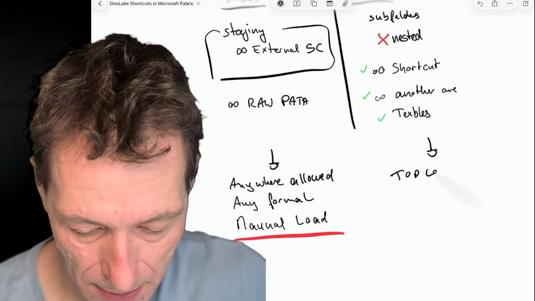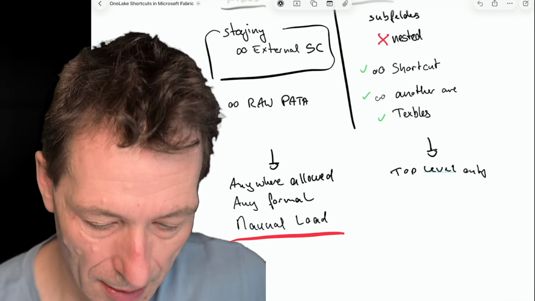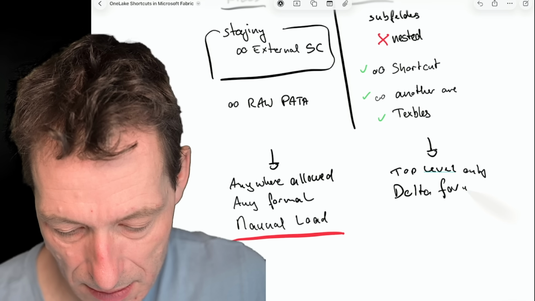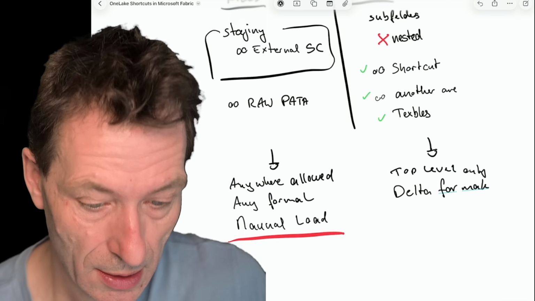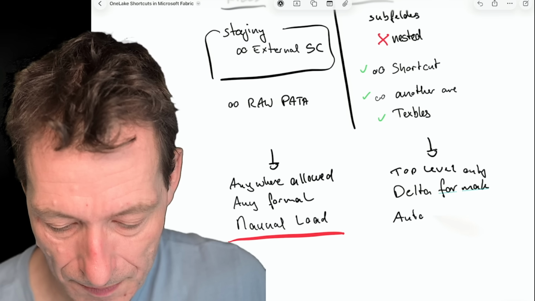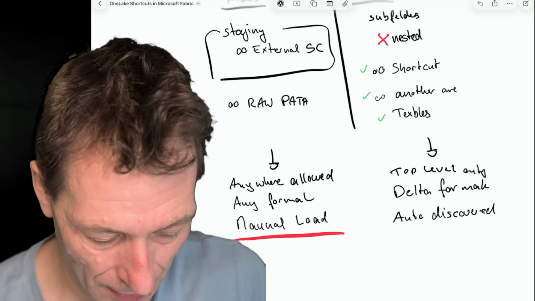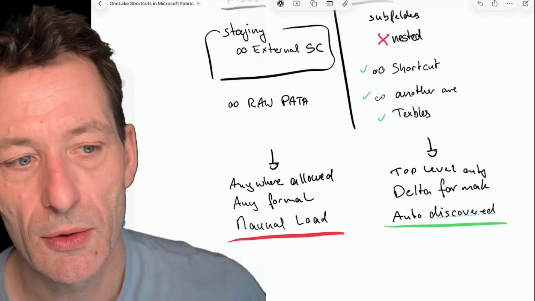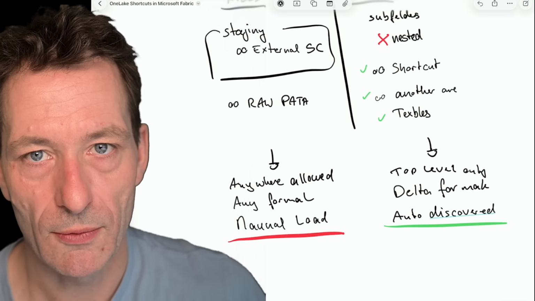Top level only. You need Delta format. There's an auto conversion now that you can use. And then the benefit is the data is auto discovered. That's a great thing. Once you do it right, your table is automatically discovered in the Lakehouse.